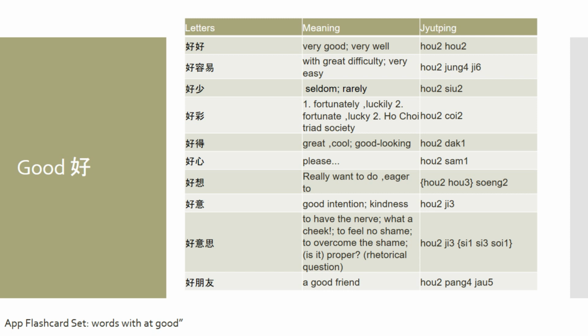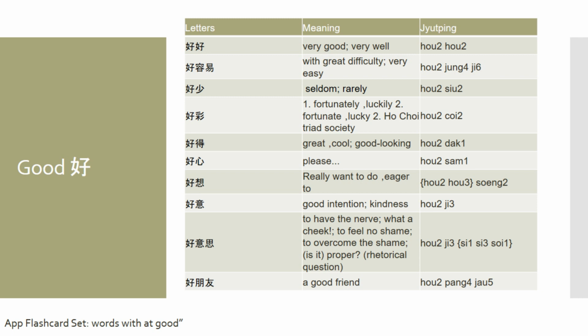For example, if I wanted to say, oh, you still have the nerve to ask for more money, I would say 你仲好意思問我借錢, where 你仲好意思 means you still have the nerve, and 問我借錢 means to ask me for lending you money.